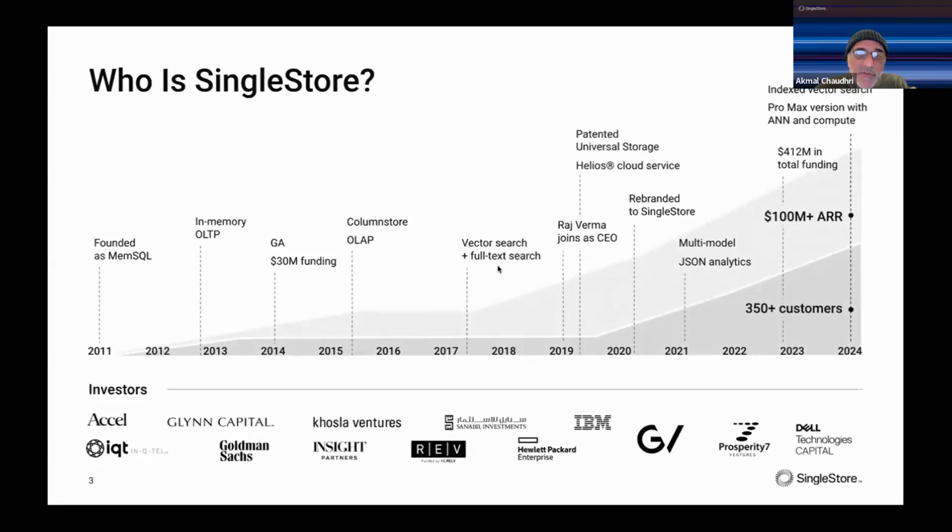This was kind of an inflection point way back here, and it seems to have grown steeply there. So we are a $100 million plus ARR, annual recurring revenue company, with over 350 global customers. I think that number is approaching something like 400 now, so we really need to update the slides here. So there are the key milestones.